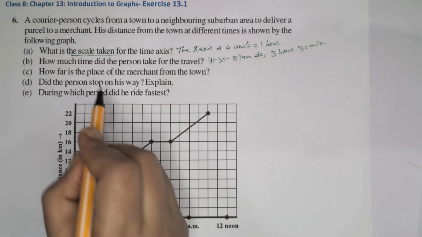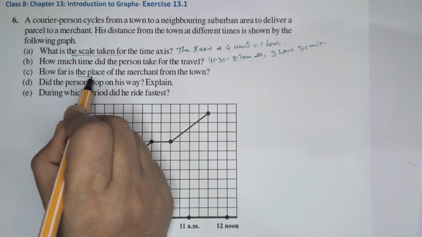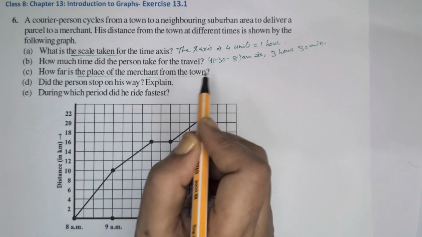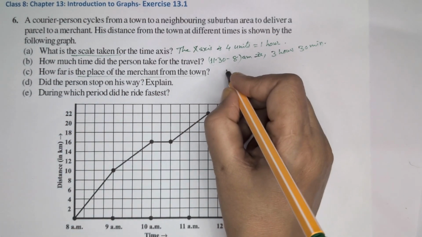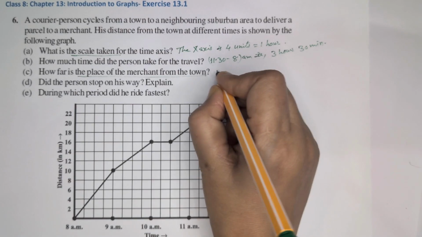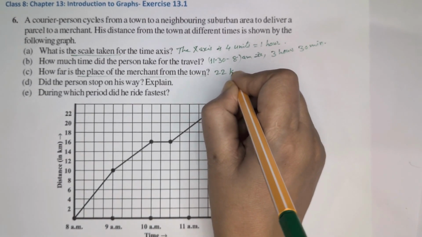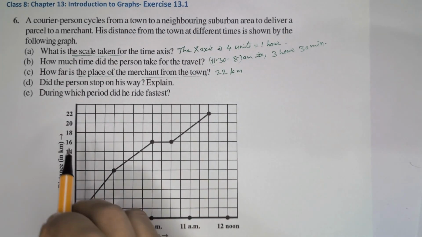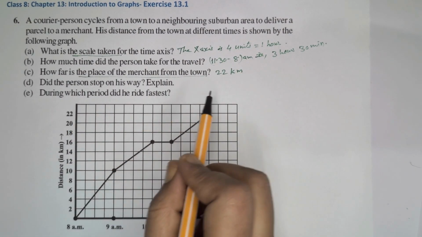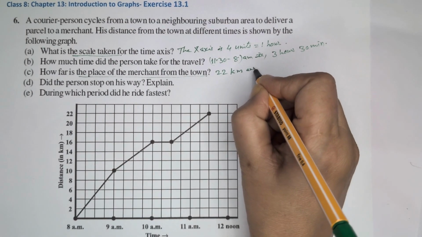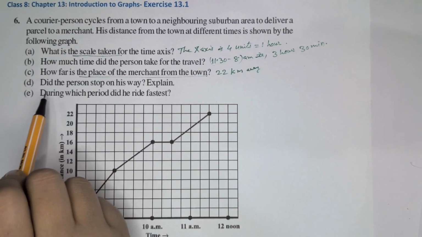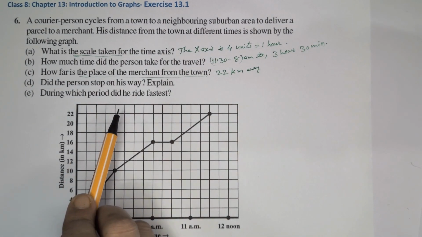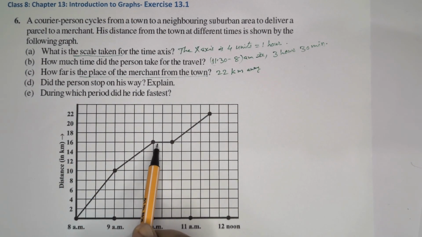How far is the place of the merchant from the town? Here, 22 kilometers. The place of the merchant was 22 kilometers away from the town. Next, did the person stop on his way? Explain. Yes, he stopped in between 10 to 10:30.